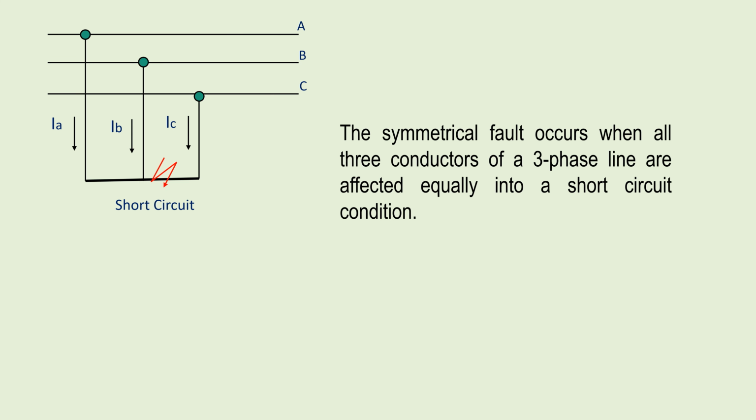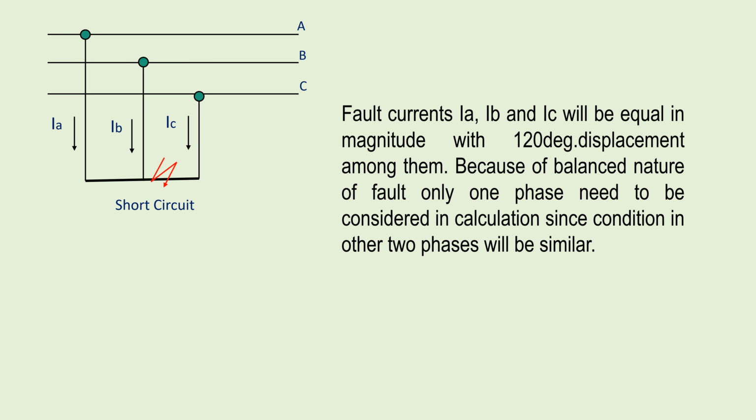The symmetrical fault occurs when all three conductors of a three-phase line are affected equally into a short circuit condition. Fault currents IA, IB and IC will be equal in magnitude with 120-degree displacement among them.